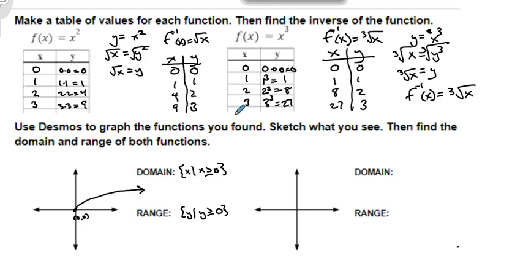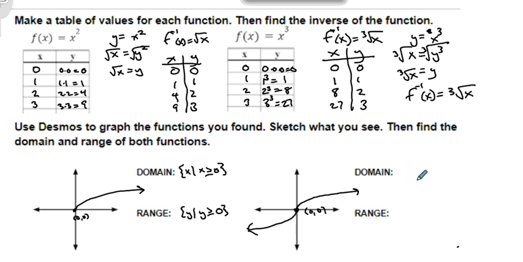Okay, so now with this one, it's going to look kind of like the same. It's going to go this way, except that now it's going to come down and then go like this. That point makes sort of a pinwheel looking thing, and that point is the point 0, 0.